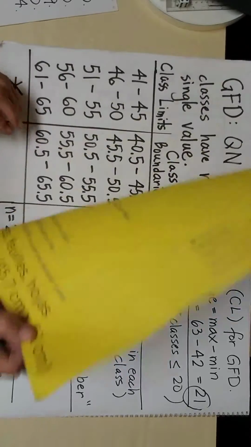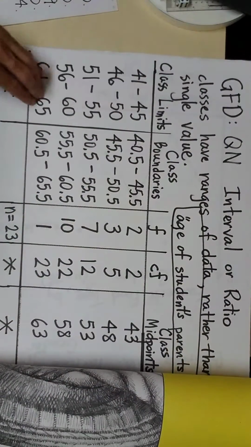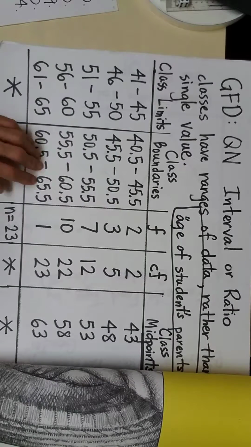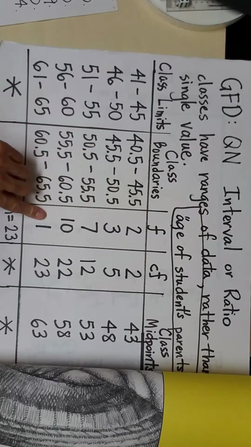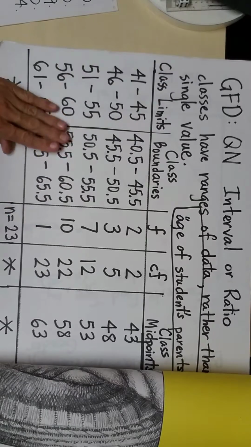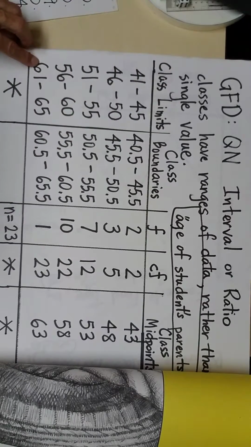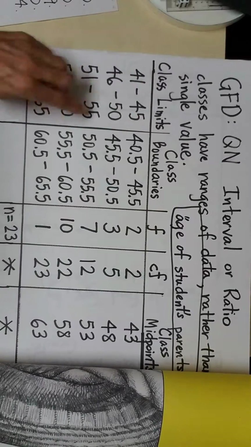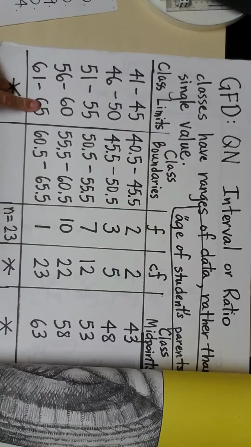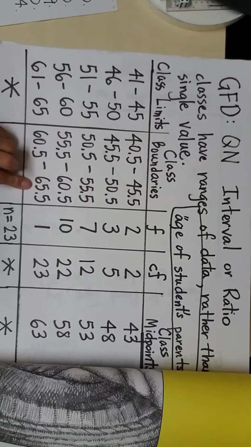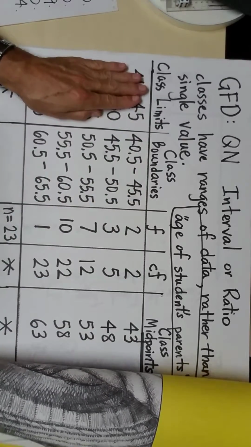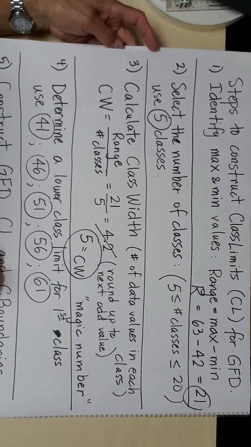If you look back at the previous problem, once you know what these numbers are, you can calculate these numbers. Now we want to find out where the frequencies came from. I've already been through this. These are our starting numbers. These are the 41. These are the ending upper class limits, lower class boundaries, upper class boundaries, class midpoints. These three columns come from this work.